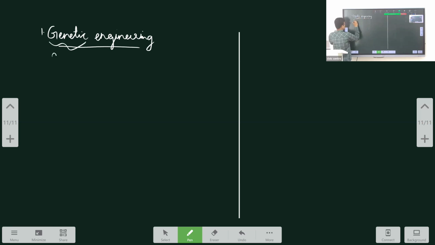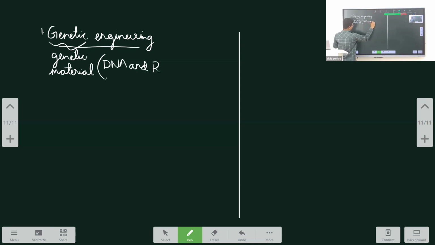Now this genetic refers to the genetic material that is present. And you know what the genetic material present inside the cell is? It could be DNA and RNA. You have to remember that both of them serve as the genetic material in the cell. Under genetic engineering techniques, you will make changes to this genetic material.